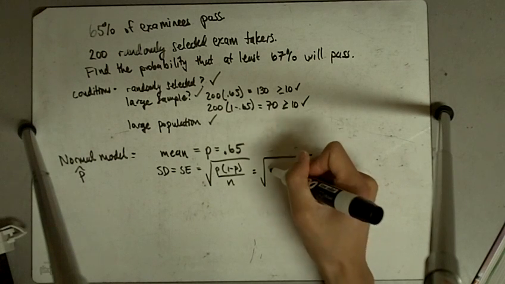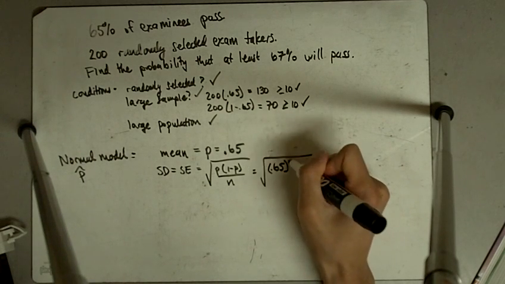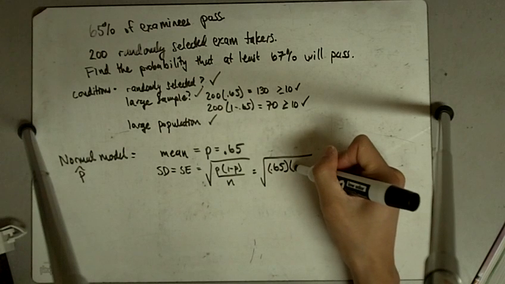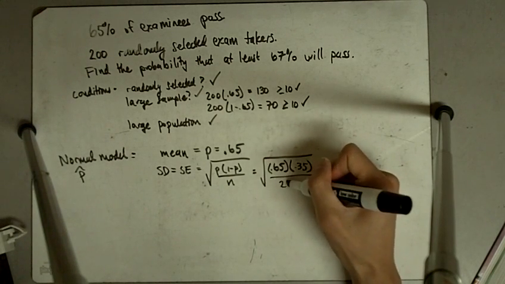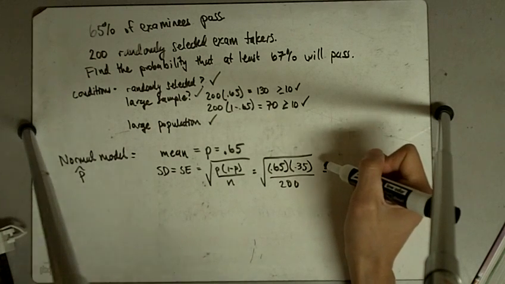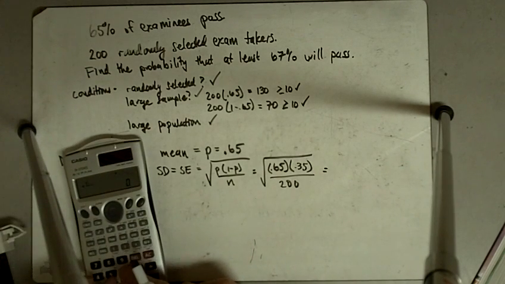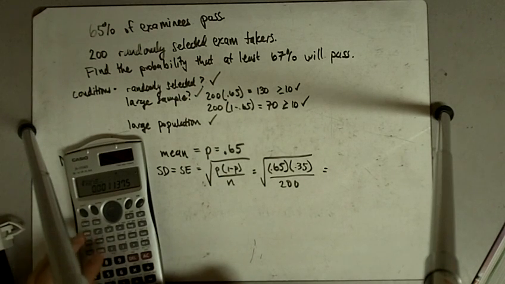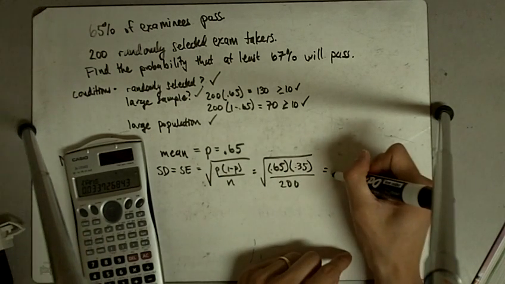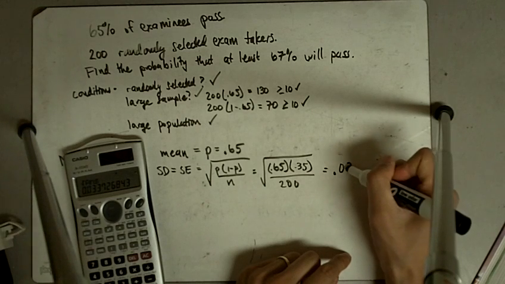So I've got the square root of 0.65 times 0.35 divided by 200. I have to crunch this out: 0.65 times 0.35 divided by 200, square root, and I get a standard error of 0.0337.